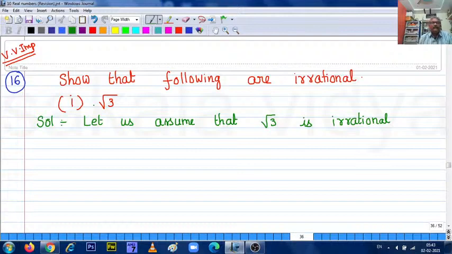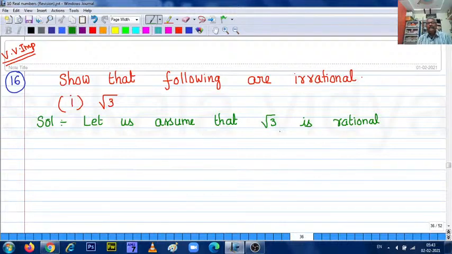You can use the same method. Let us assume that root 3 is not irrational, say rational. For example, we need to prove irrational, so we say rational. This is the first step. This is called the proof by contradiction method.